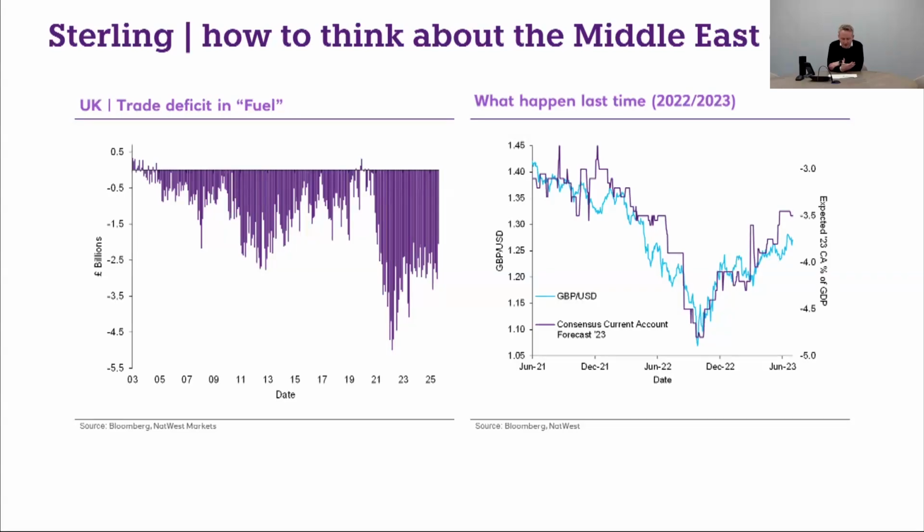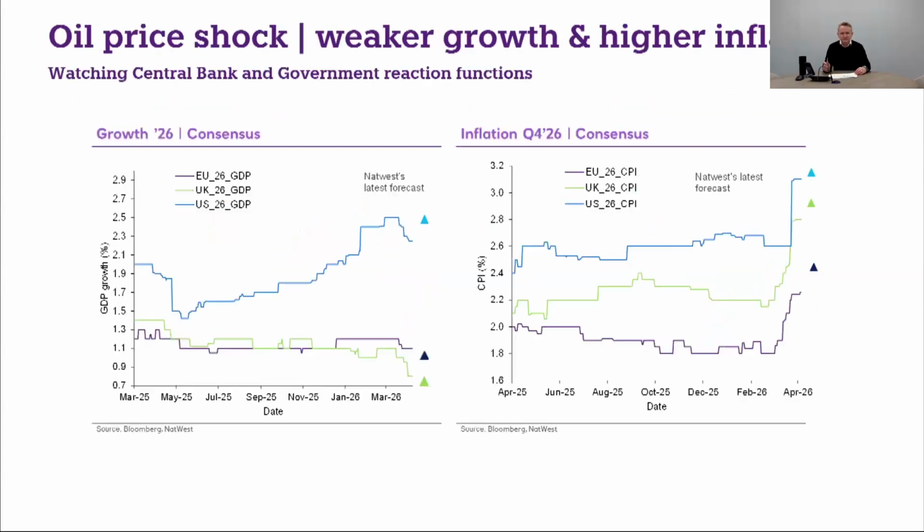There are other things we need to be mindful of, like the central bank reaction function. And I'll move on to that in a moment. And the same with the government and help to offset some of the impact of higher energy prices on the economy. And that has an impact on fiscal policy as well. So the impact from the Middle East conflict on the UK on sterling is multi-faceted, and we would expect that to continue. Next slide, please.